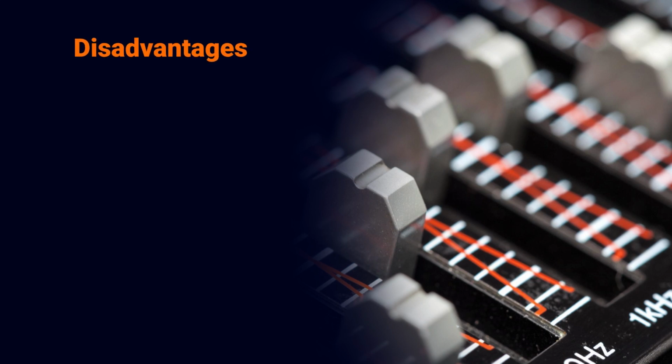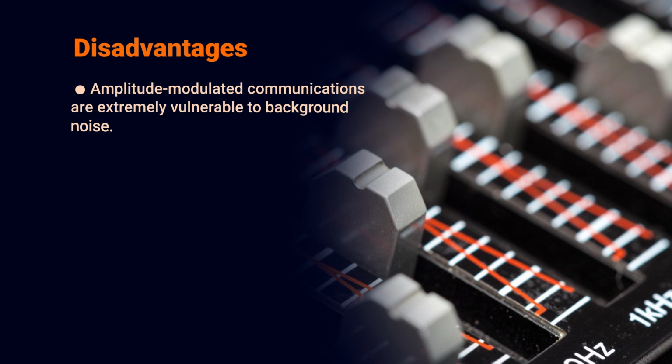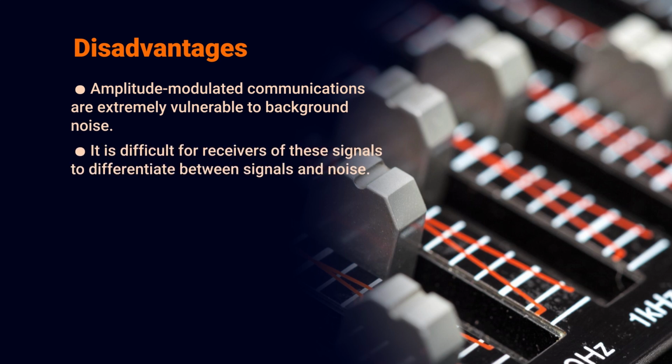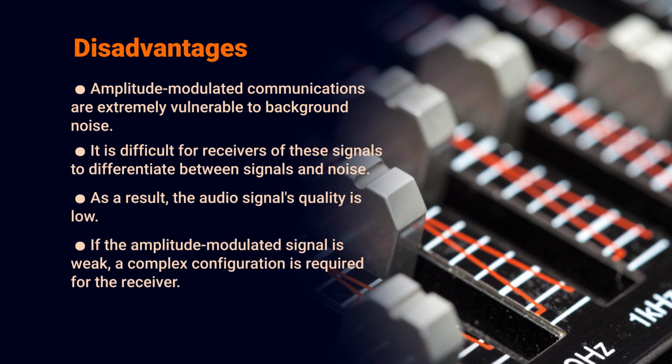Now, next are the disadvantages. Amplitude modulated communication is extremely vulnerable to background noise. It is difficult for the receiver to differentiate between signal and noise, and as a result the audio signal quality is low. If the amplitude modulated signal is weak, a complex configuration is required for the receiver design.